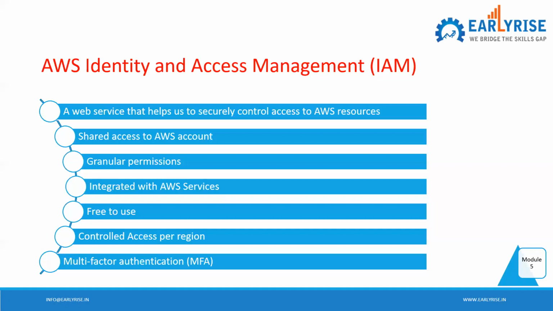We mention some policy where we give access to some user for a particular resource in a particular region. So we can give controlled access on a per region basis as well.